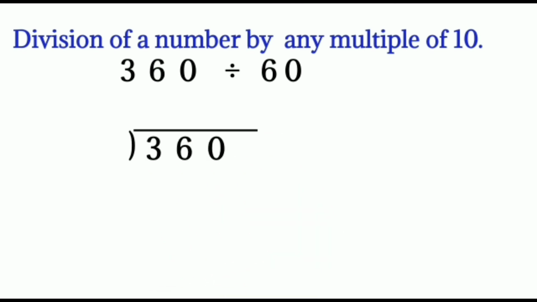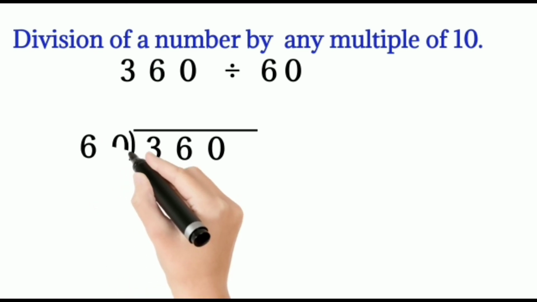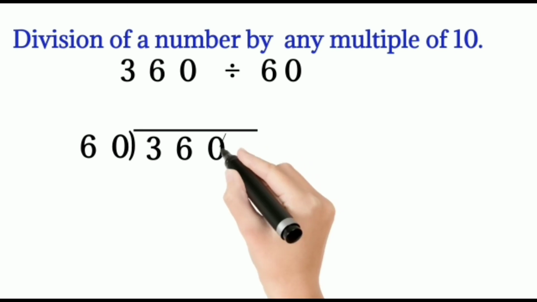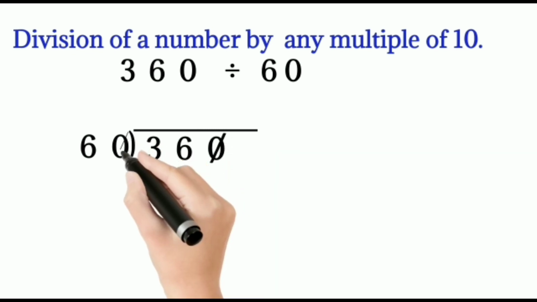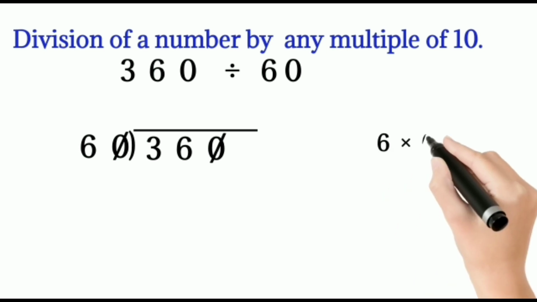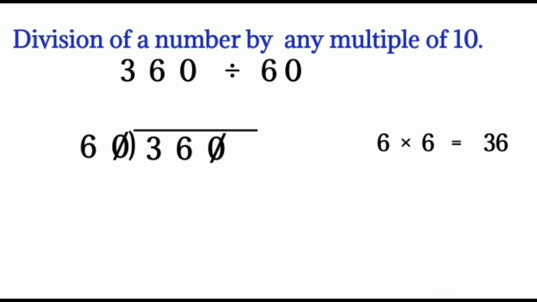If there are an equal number of zeros in the dividend and the divisor, we can remove the zeros and divide the remaining digits. Here in 360, we remove 1 zero, then we get 36. From 60, we remove 1 zero, we get 6.